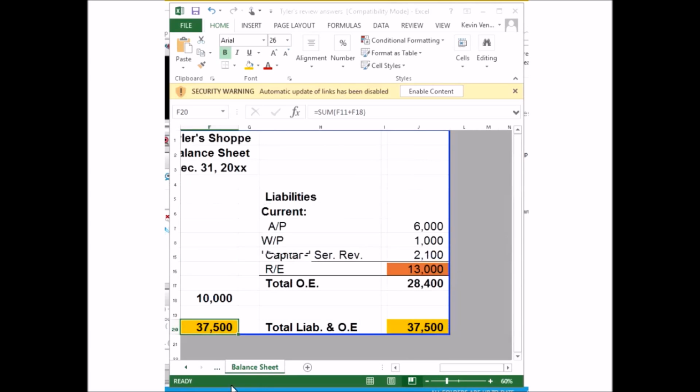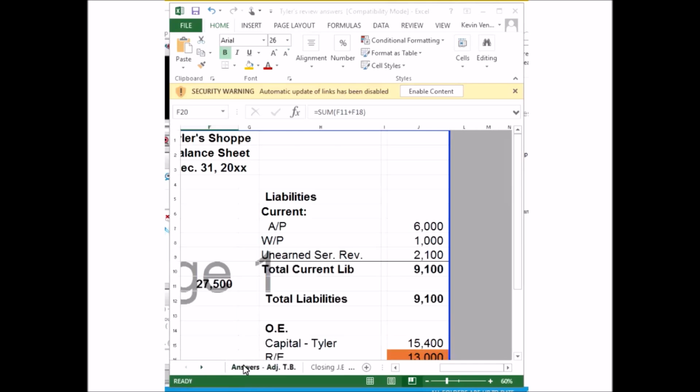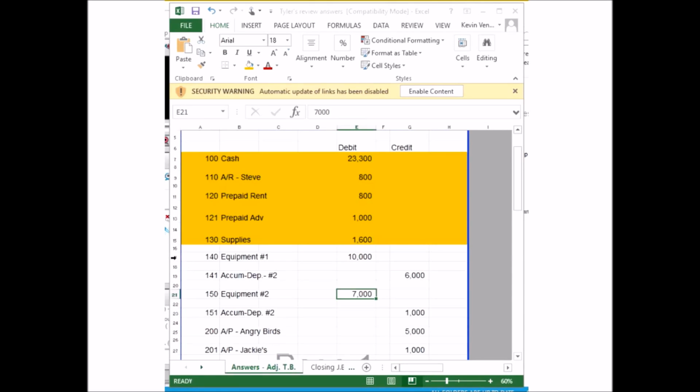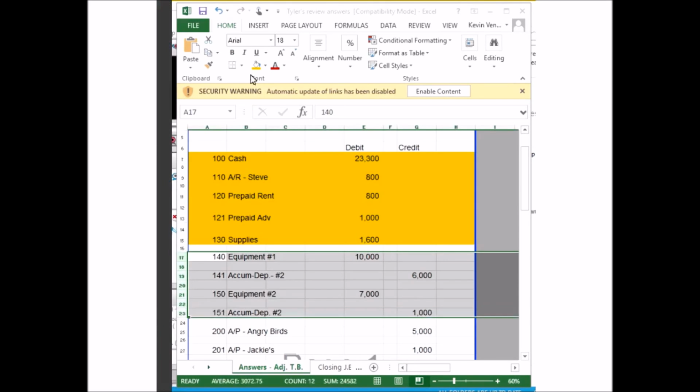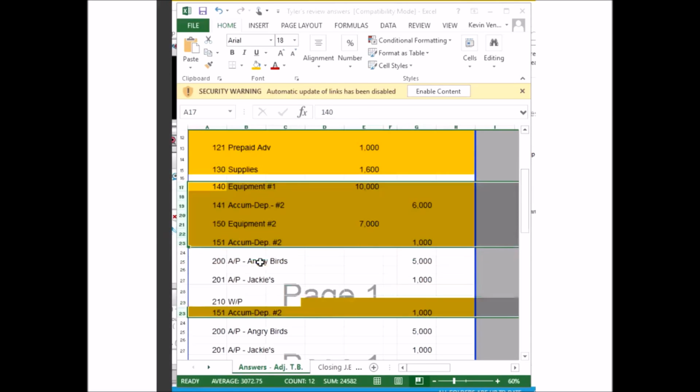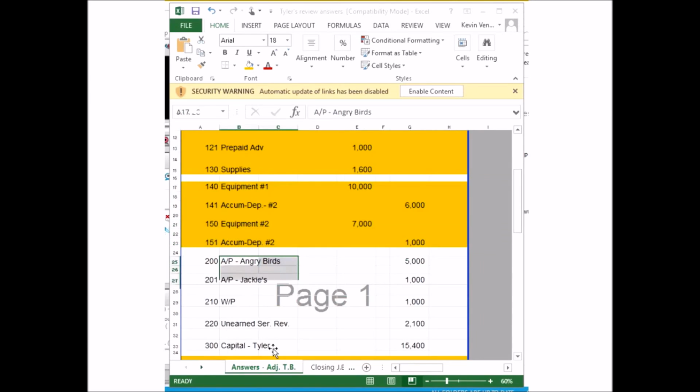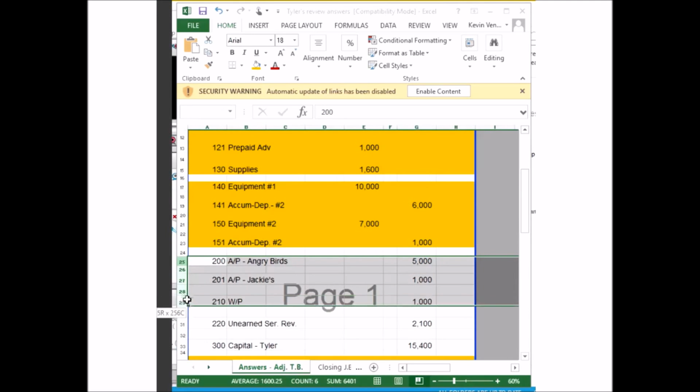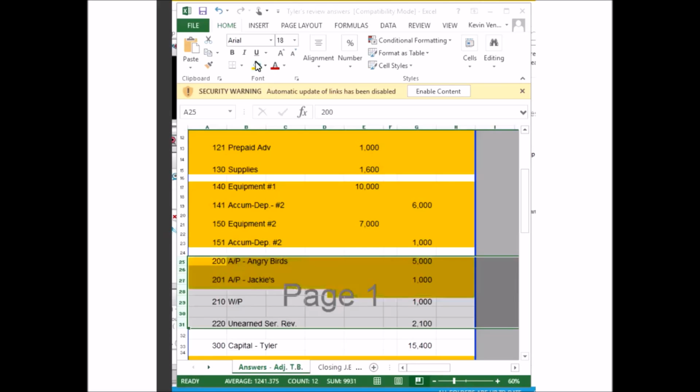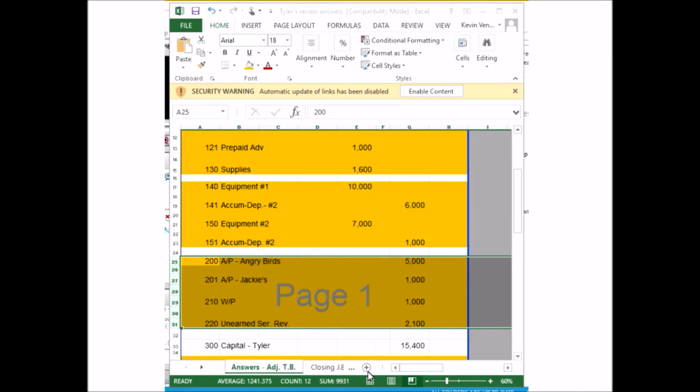Now I come over here, and if I go back to my trial balance, the only items that I have left now are my liabilities and one of my owner's equity. So this is all that I have left to account for somewhere in my financial statements. So I'm going to do these first, well, all of them actually, because they're all current liabilities. None of these are long-term because they don't have the word note or something similar associated.